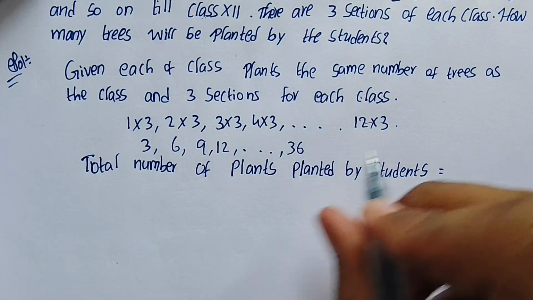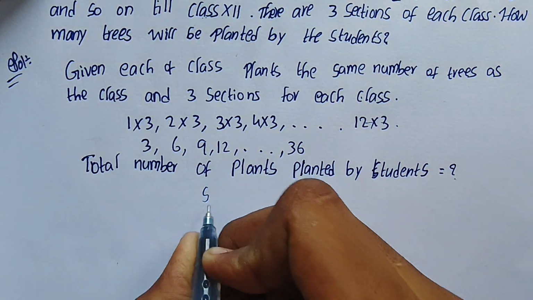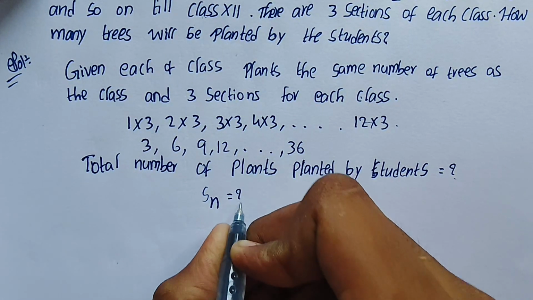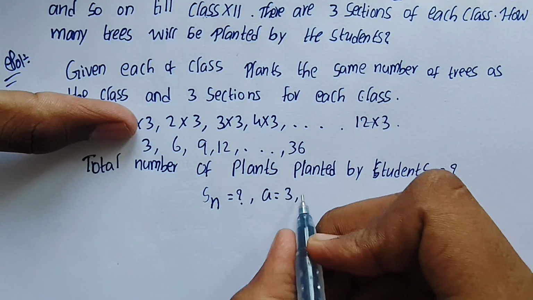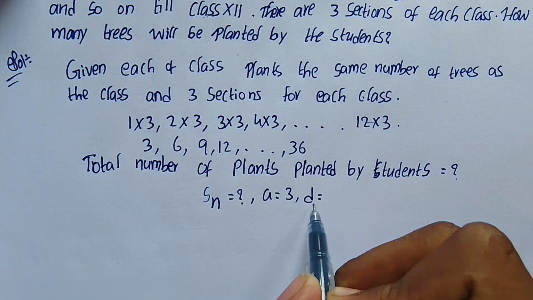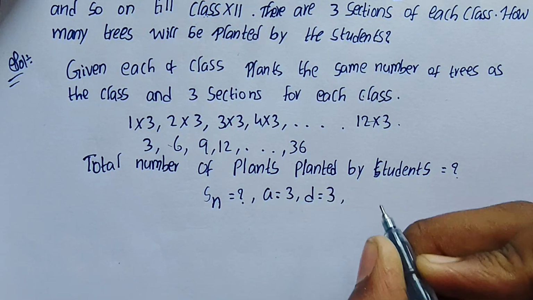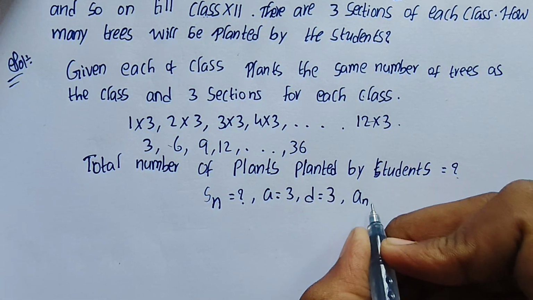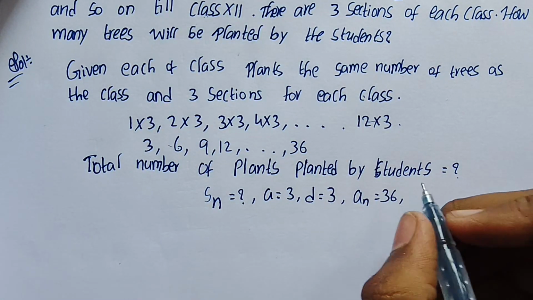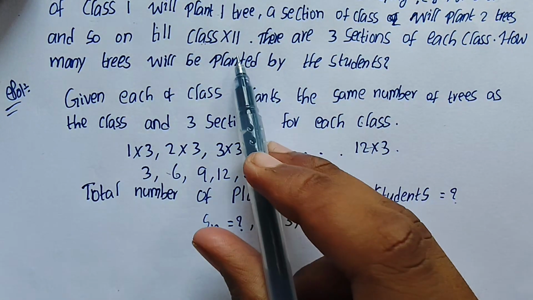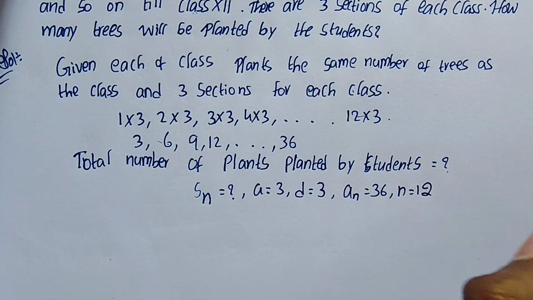Understand? So to find the total number of plants we have to use the formula S_n. From the AP, I am taking the value of a equals 3, means the first term of the AP is 3, and d, the common difference, means 6 minus 3 equals 9 minus 6, that is equal to 3, and he already gave the value of a_n, that is 36. Understand? He said up to the 12th class, so the value of n equals 12.